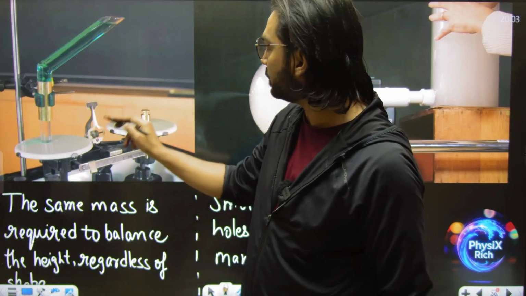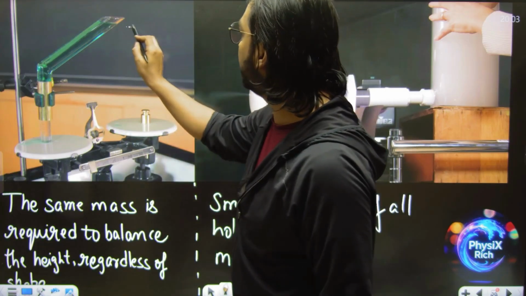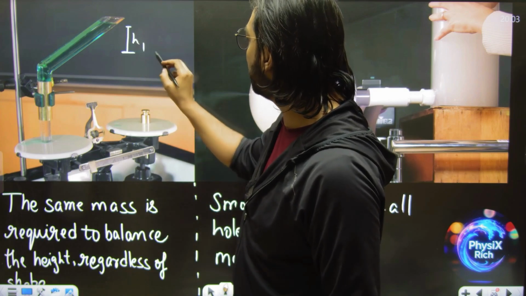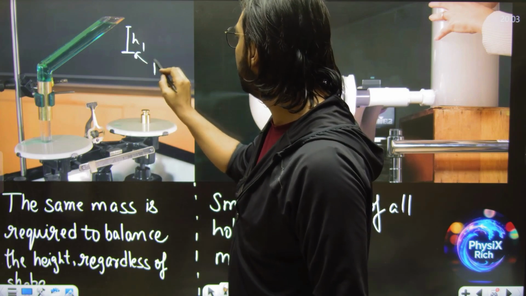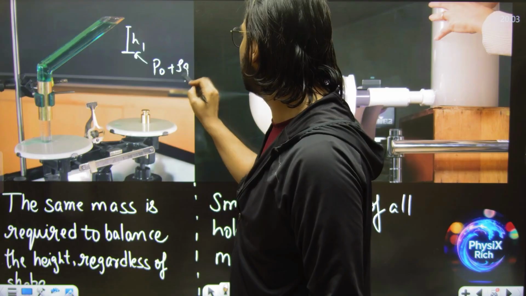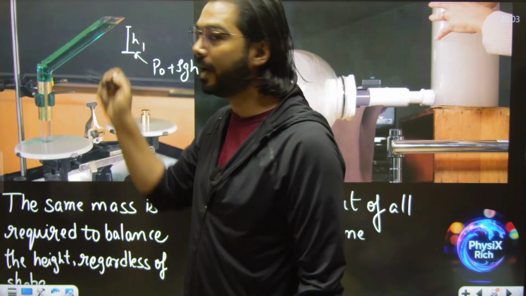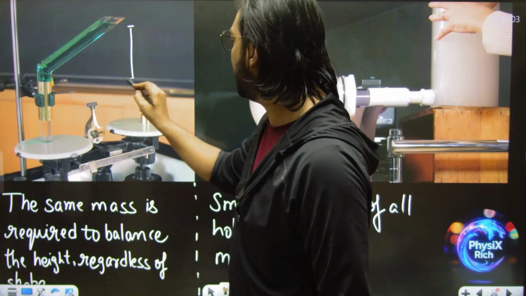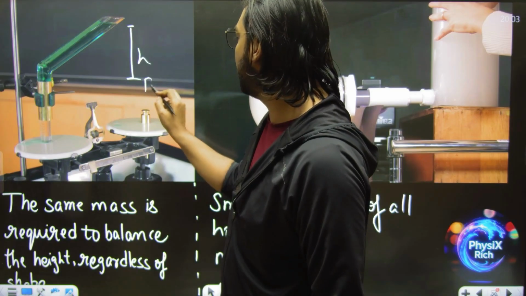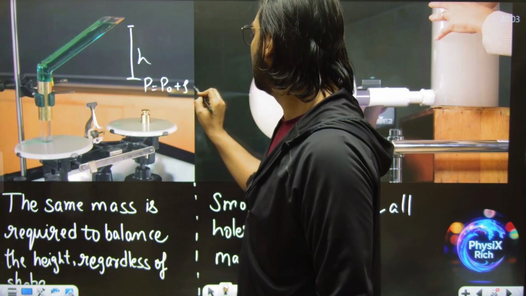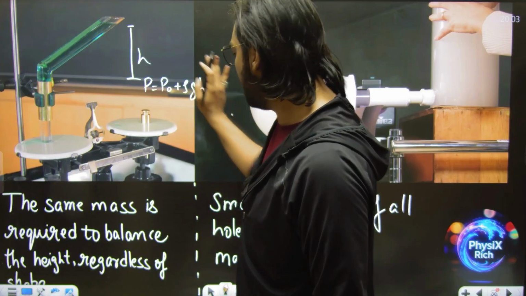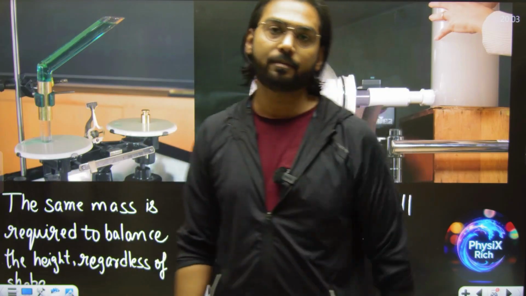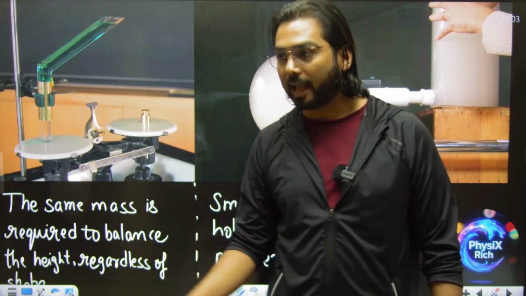If I were to go to this depth, and let's say this is H1, the pressure over here will be P naught plus rho g H1, and the slanted height does not matter. If I were to go to this depth, let's say this is H, then the pressure would be P naught plus rho g H.